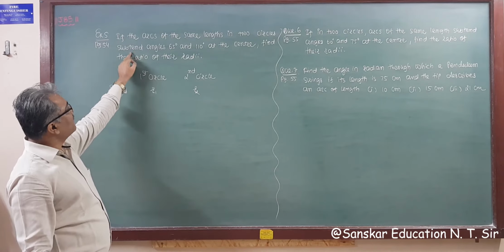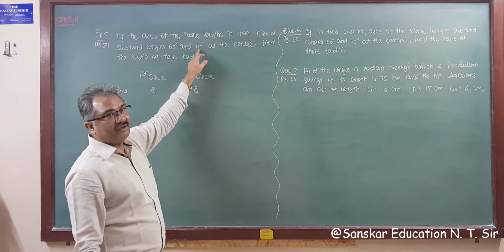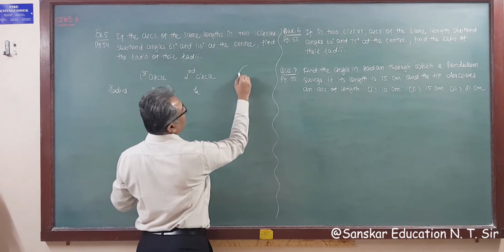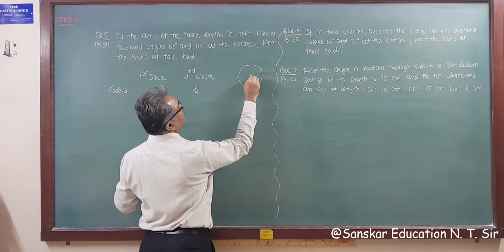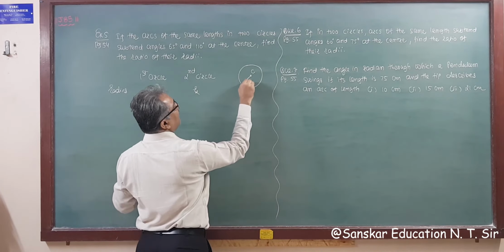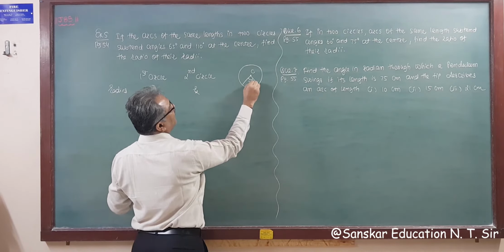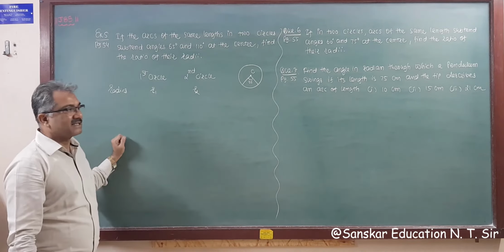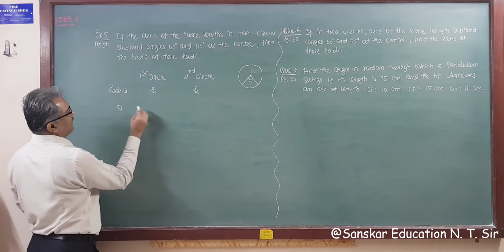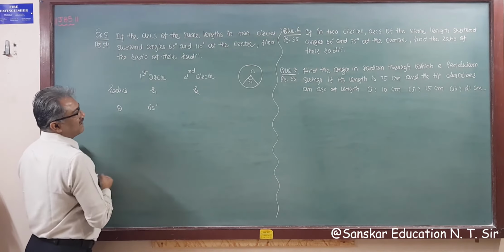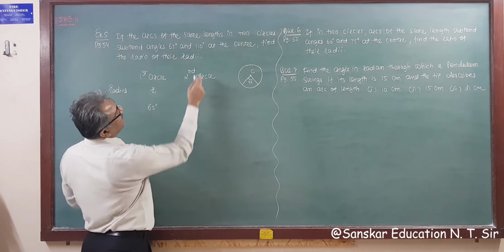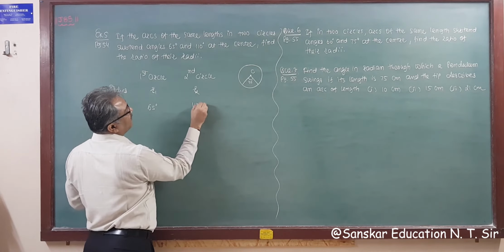Now they subtend angle 65 degree and 110 degree. Suppose I have one circle, then this is your center, and the angle for the first circle is 65 degree, right? So theta is 65 degree for the first circle and theta is 110 degree for the second circle.